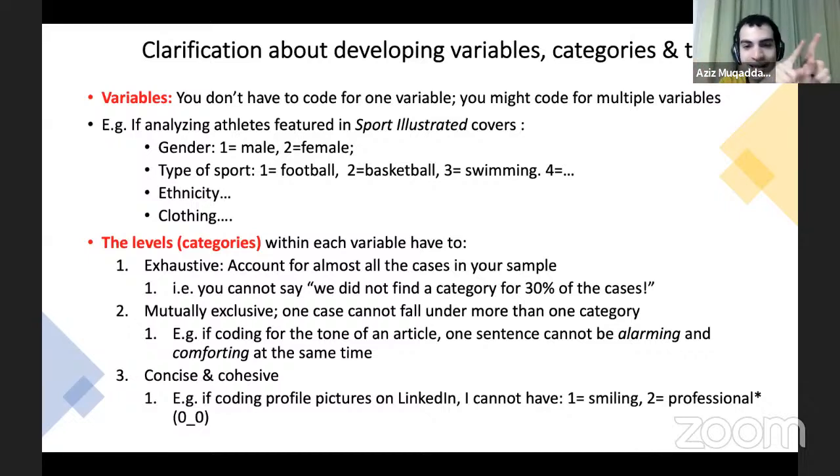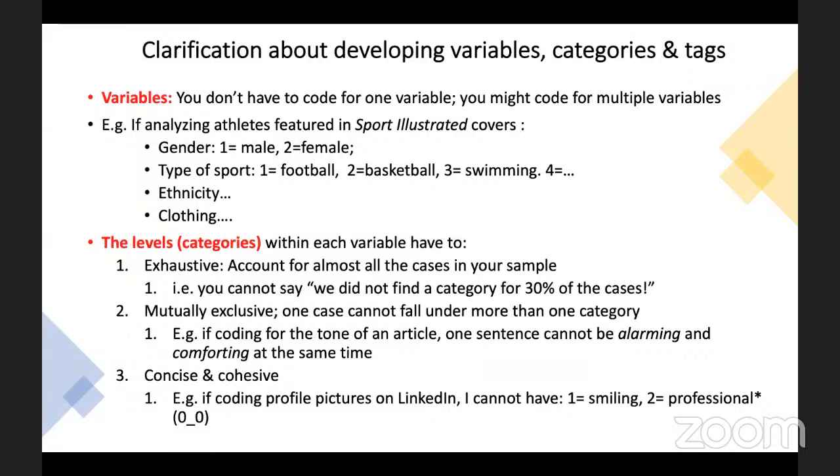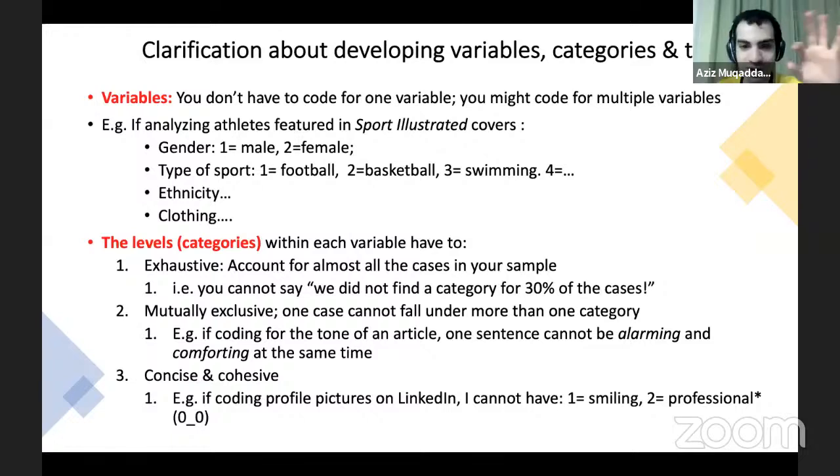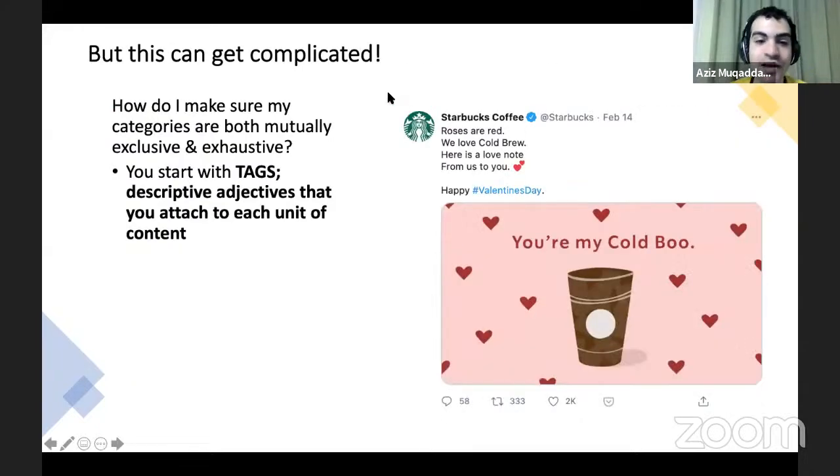Across the variables, the post or the unit you're analyzing would have one category in variable one and another category in variable two, but you cannot have two categories in variable one. Okay, so that's something I wanted to clarify.